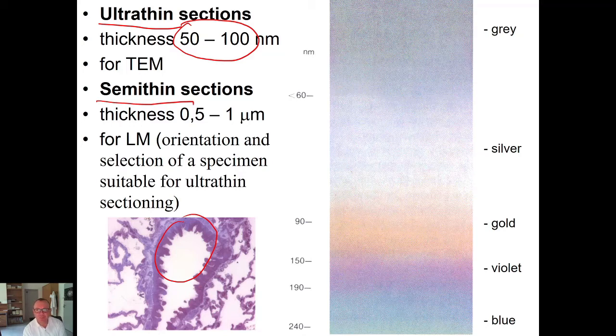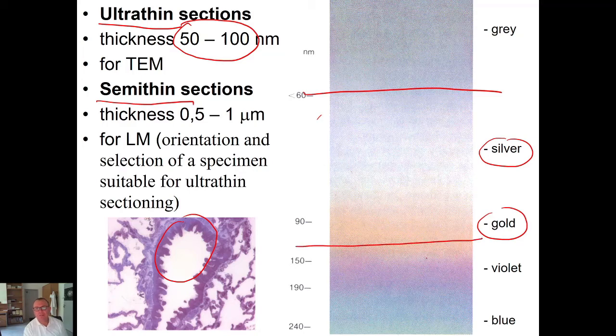For transmission electron microscopy, the best are silver or gold sections, which are between, let's say, 60 and 100 nanometers. Everything that is violet, blue or green, red is too thick, but can be used as a semi-thin section in light microscopy. So we recognize the thickness of the section according to its color.